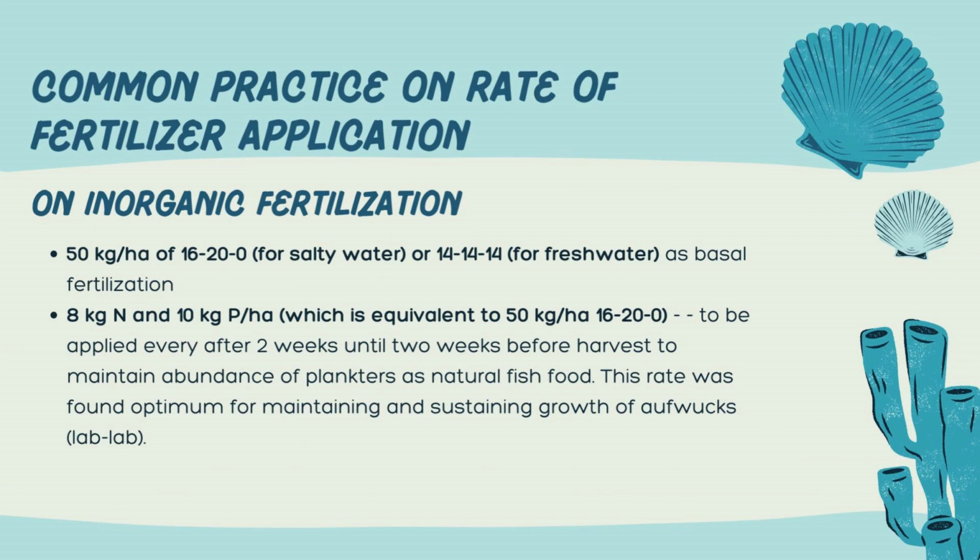And the second is the 8 kilograms of nitrogen and 10 kilograms of phosphorus per hectare, which is equivalent to 50 kilograms per hectare of 16-20-0 NPK, or the incomplete fertilizer. This is to be applied every 2 weeks until 2 weeks before the harvest. This is to maintain the growth and the maintenance of the phytoplanktons as natural fish food.